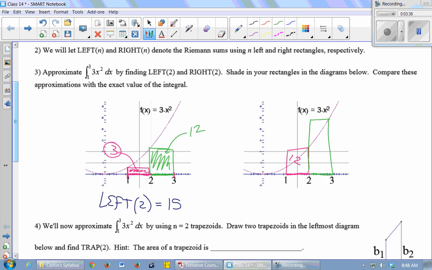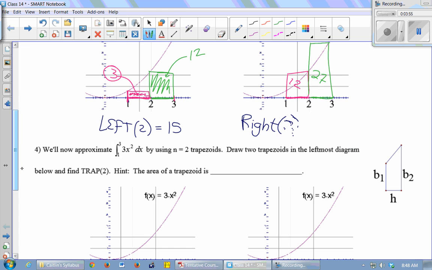And then my green rectangle, it has a height of, I got to plug a 3 in. 3 squared is 9, times 3 is 27. So right 2 is going to be 12 plus 27, which is 39.